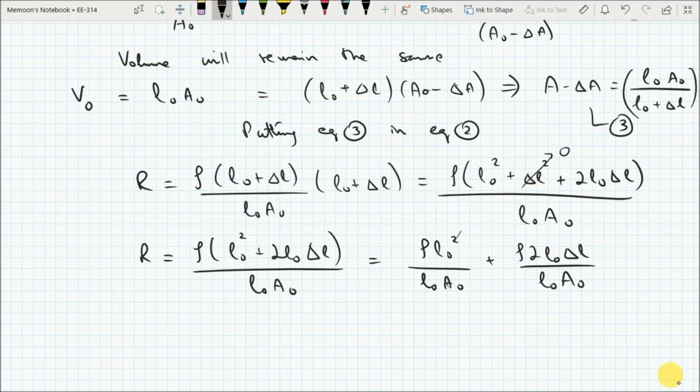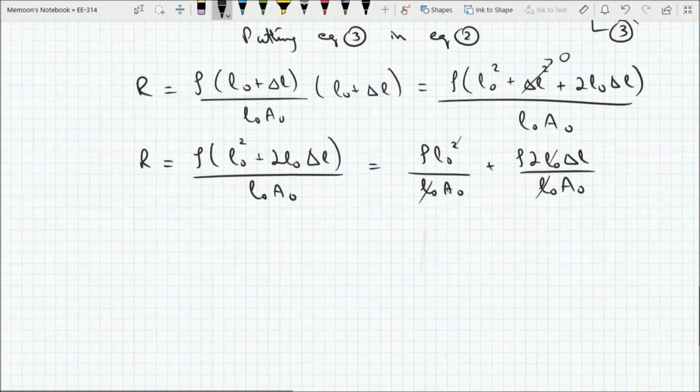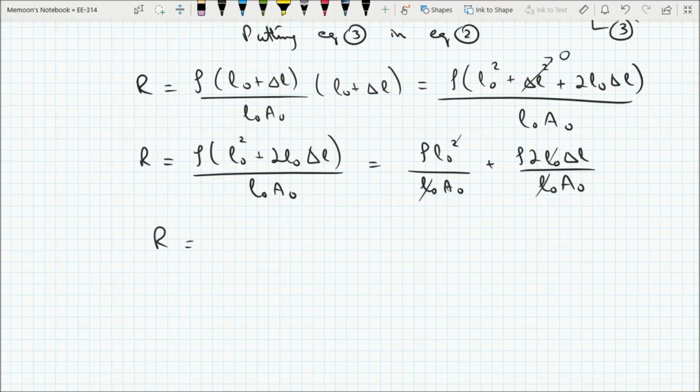So this square will cancel out, this L₀ will cancel out, and our final expression will be R = ρL₀/A₀ + 2ρΔL/A₀.